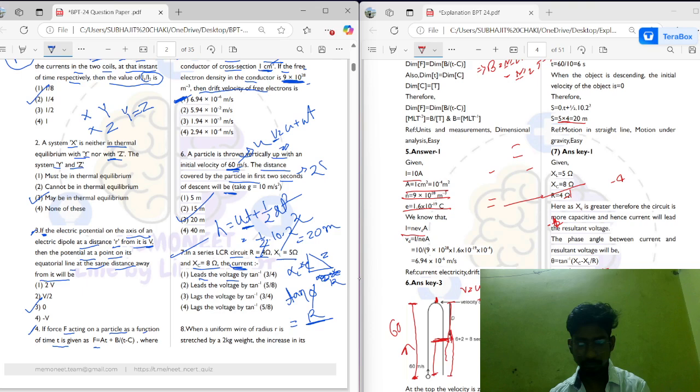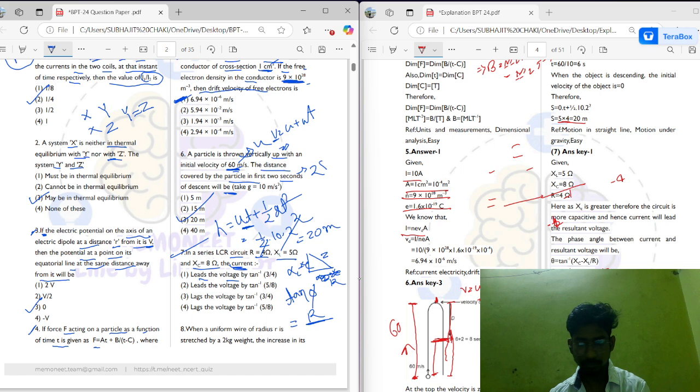The magnetic field of a plane electromagnetic wave, B, is given. This is omega t plus kx, this is k and this is omega. We have to find the wavelength. K is given, omega is given.